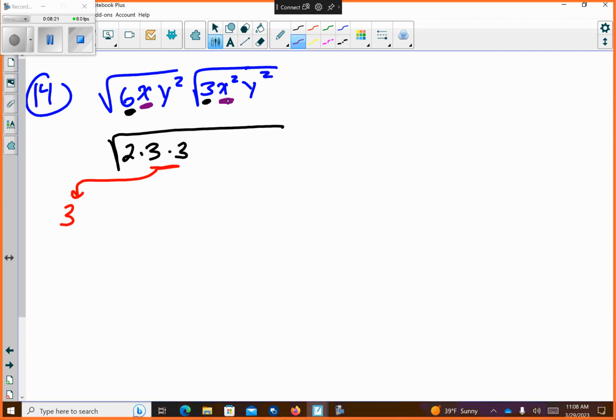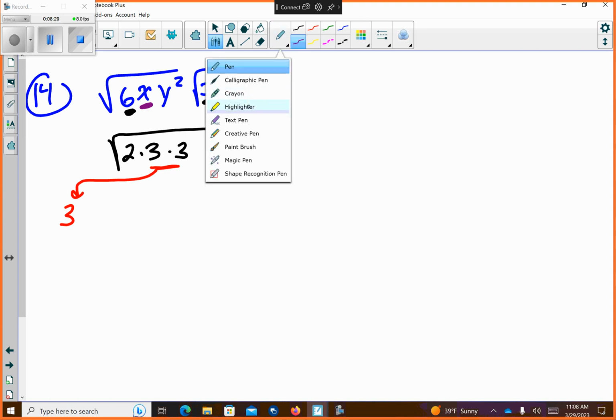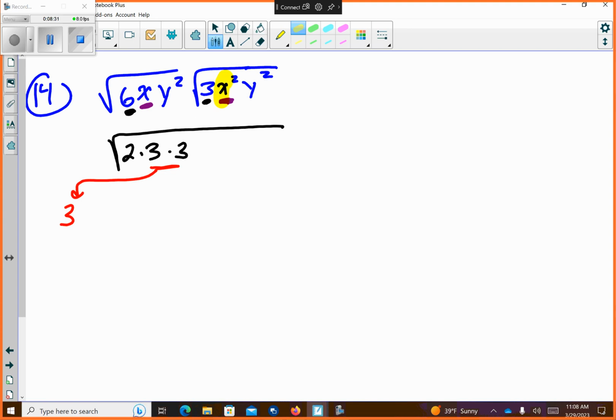And if it's a 2, that's an even number, and if it's an even number, that means it's a perfect square, right? So let me highlight something here. This right here is a perfect square as it sits. The x by itself is not a perfect square. So if I were to take the square root of this x, I would get an x that's going to come out front, and I highlighted it. So that's where this one came from.